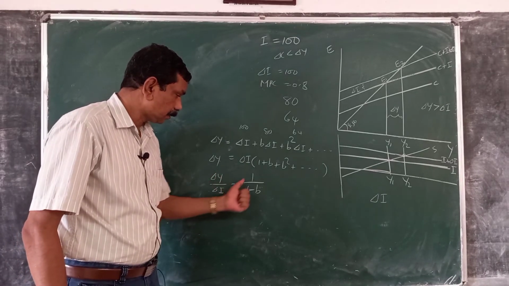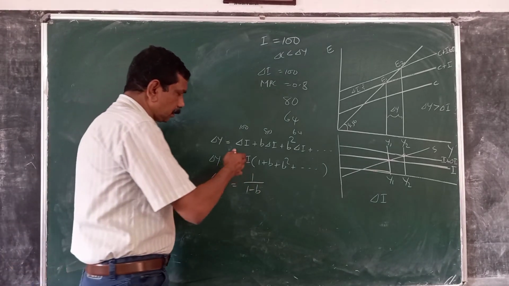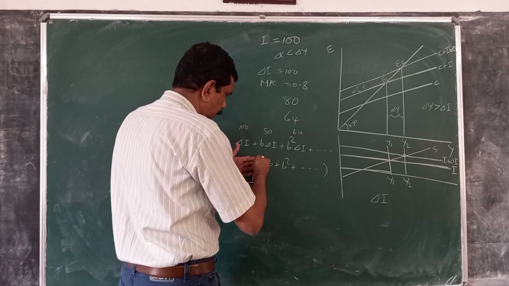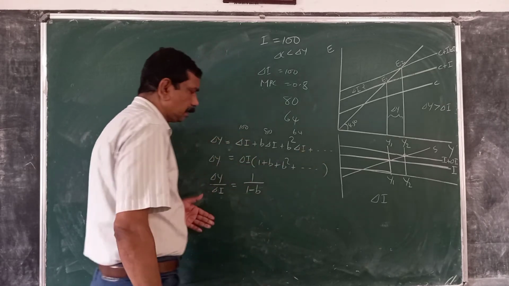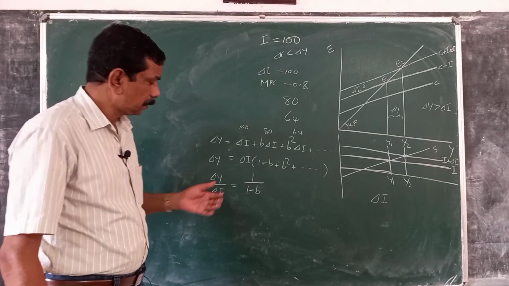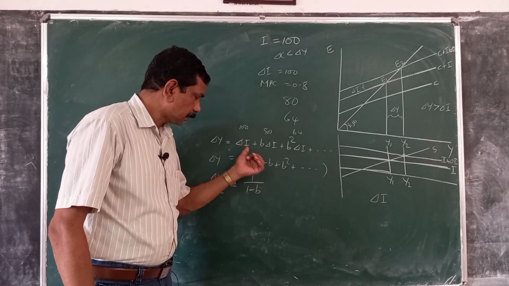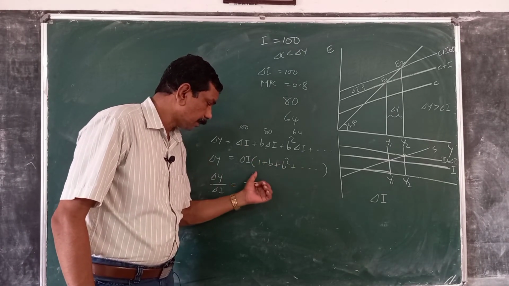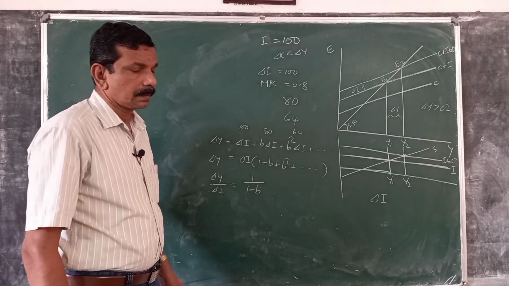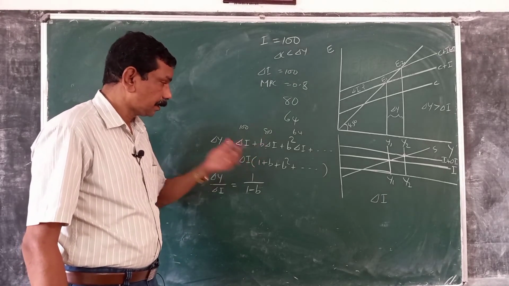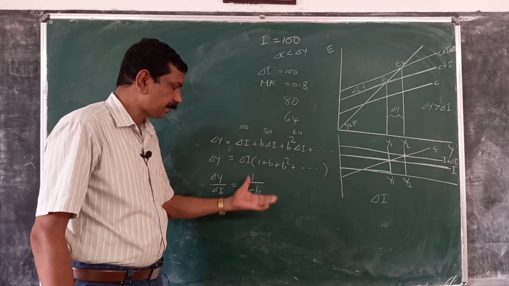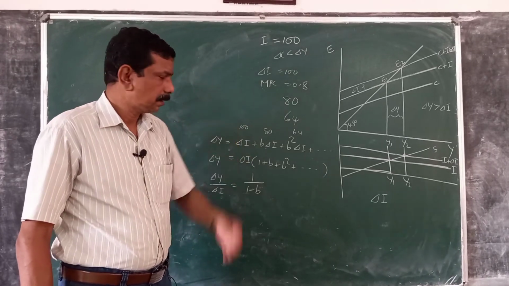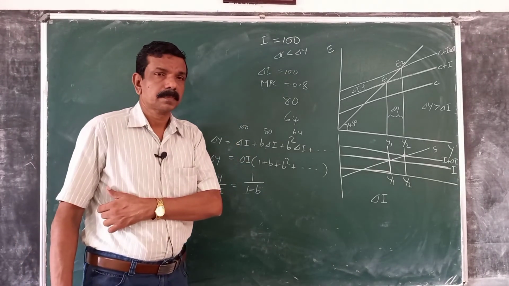This is because the terms inside the bracket form an infinite geometric series, and this sums to 1 by 1 minus b. The exact derivation of the formula will be considered in a later class.